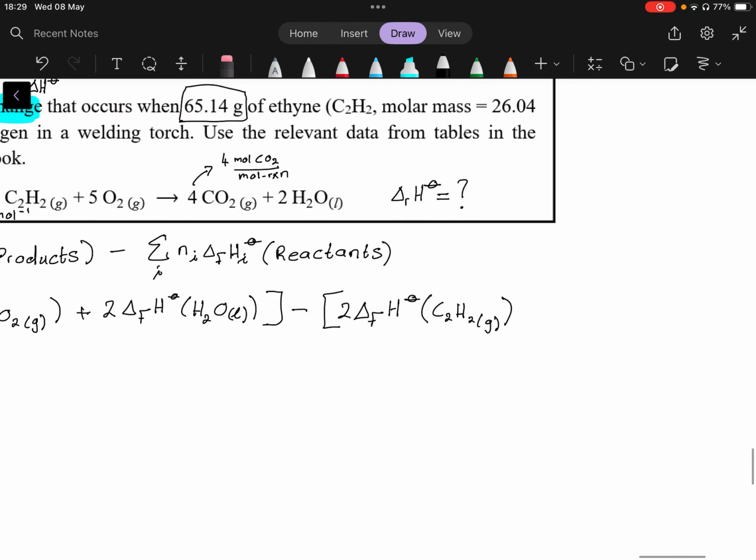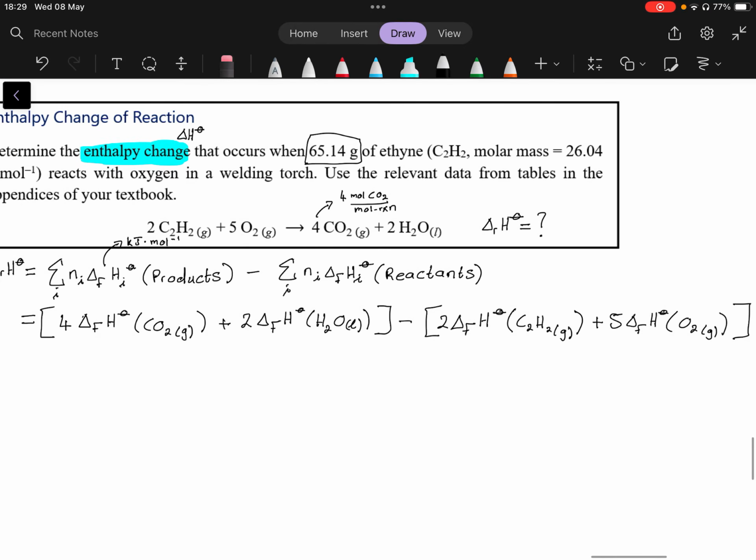and then 5 times the formation enthalpy of O2 gas. Right, so that's the big thing. So now you just plug in values. What I just wrote for you are the units.